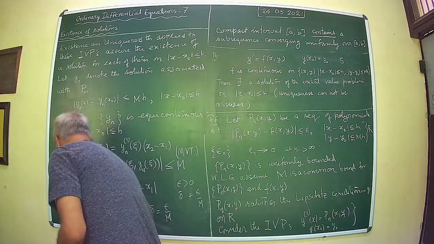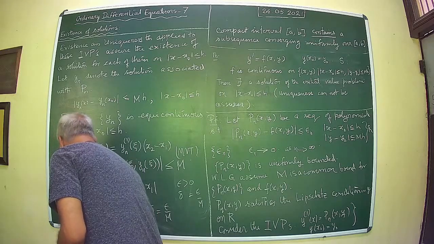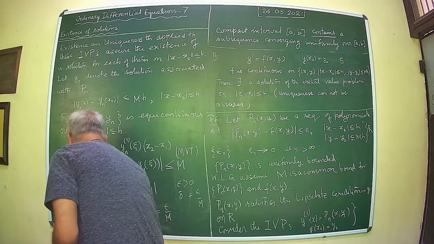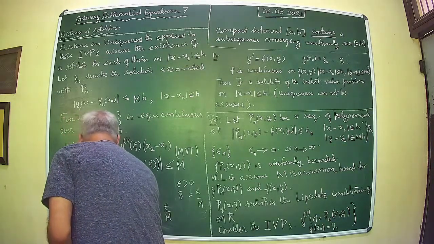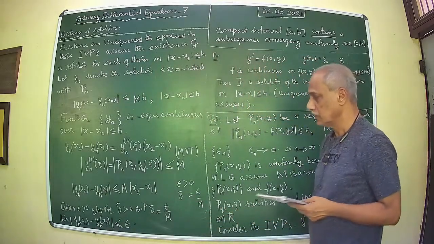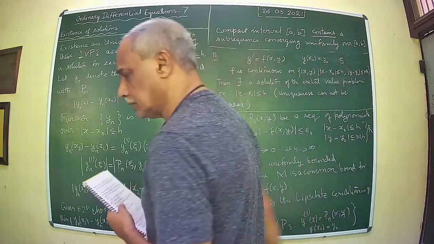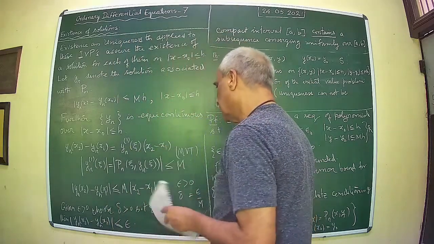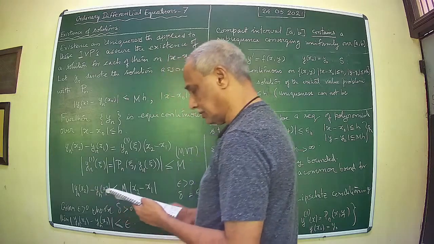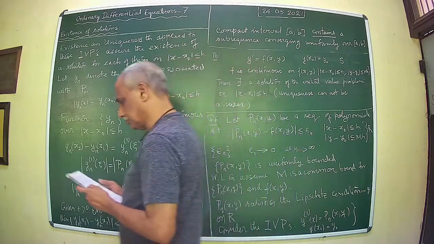So this delta does not depend on the particular x that you choose, and also it does not depend on the particular n that you have.